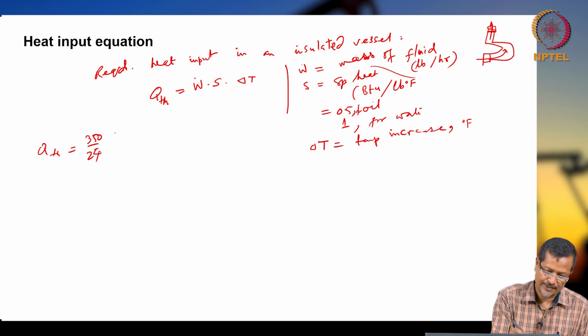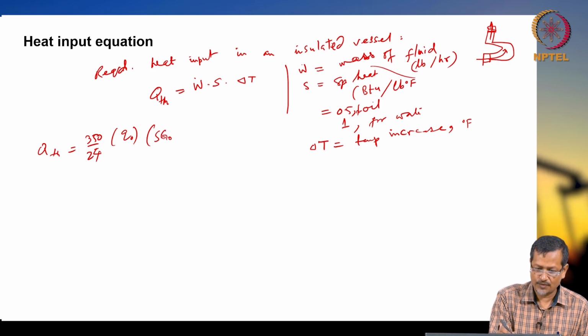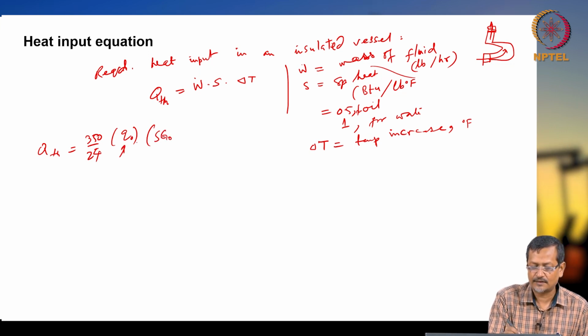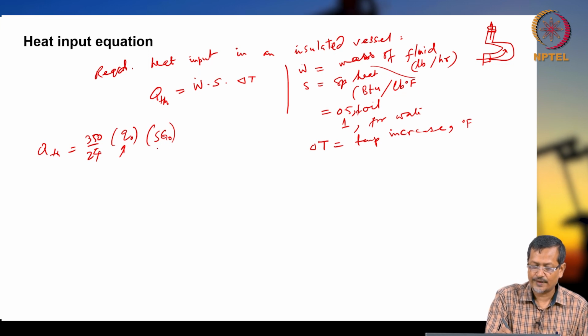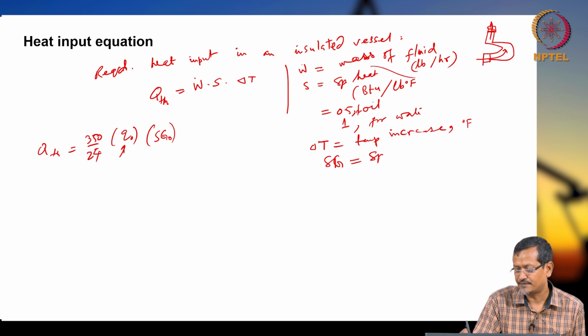So, this factor coming, Q_O. Q_O means oil. SGO again is specific gravity, SG specific gravity.